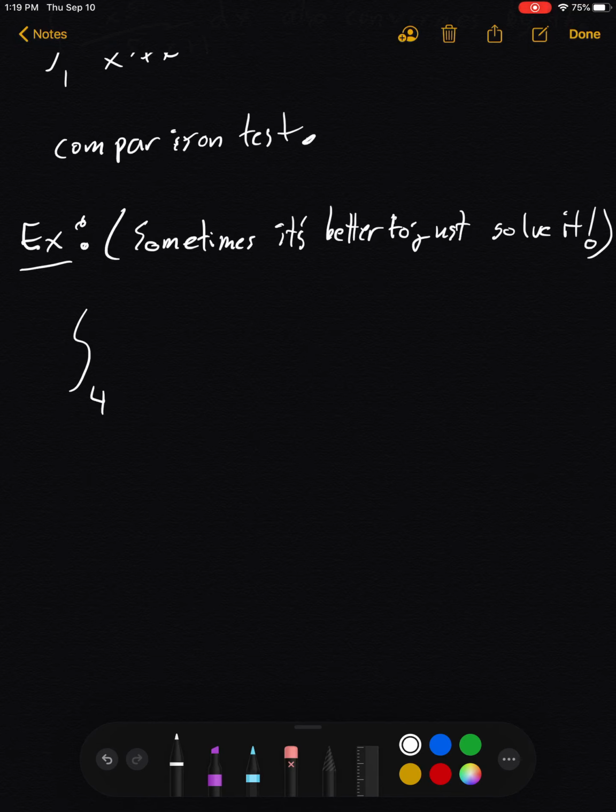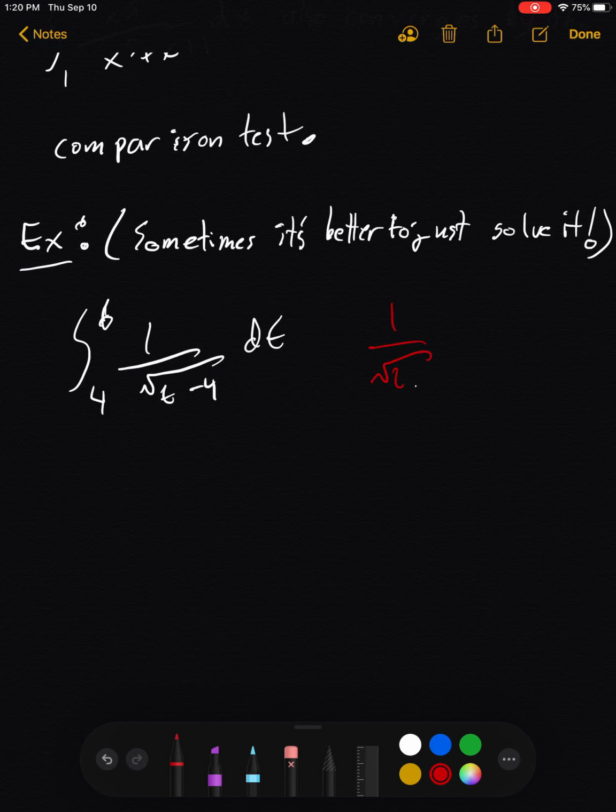If I wanted to ask you to find the integral from 4 to 6 of 1 over the square root of t minus 4 dt, you may want to try using a comparison test. But the problem is, I'm trying to do this in a hurry, and I'm going to make mistakes if I do this in a hurry, so I should slow down.